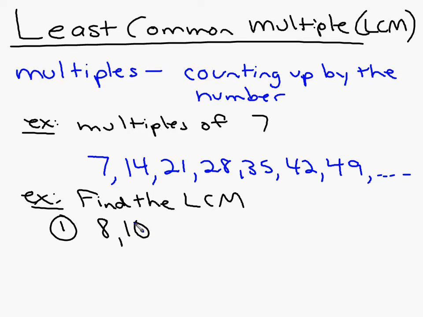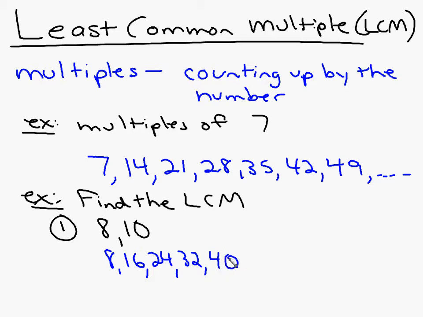What you will do, this is not something you do in your head. This is something you do on paper. We are going to list the multiples of each number. As soon as we get to one that's common to both, then we can stop. It's very simple. List the 8s. 8. What's 2 times 8? 16. What's the next one? 24. 32. 40.